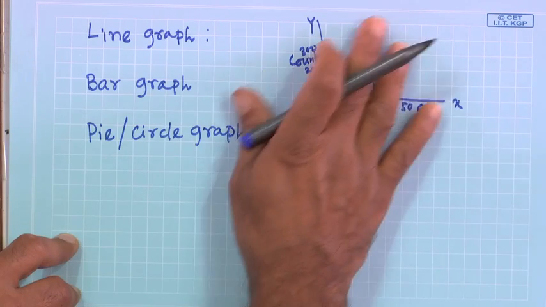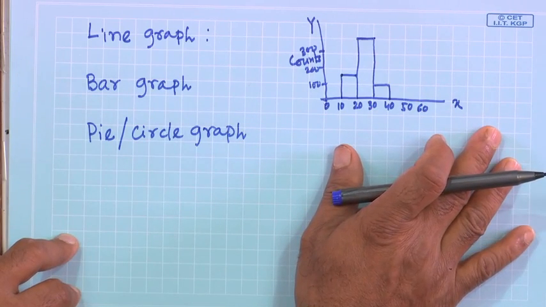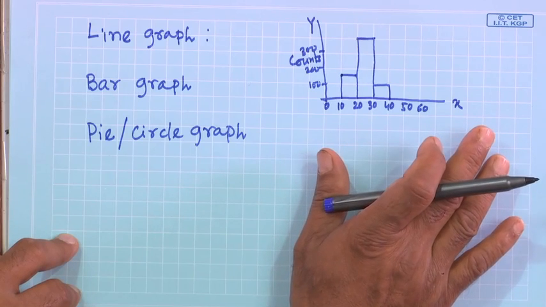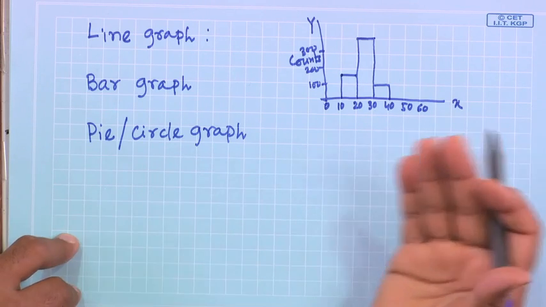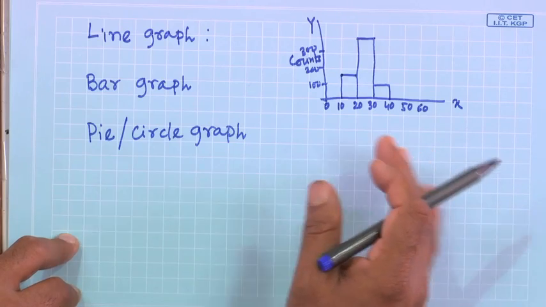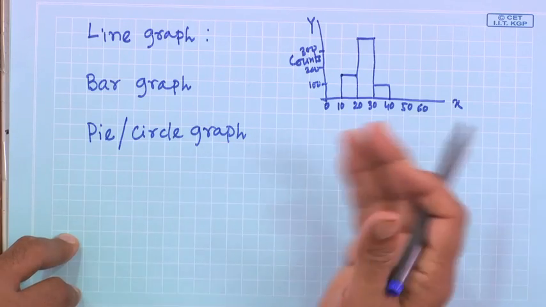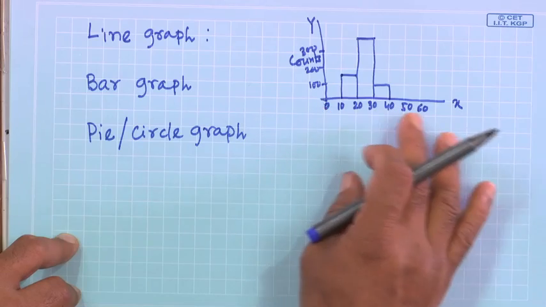So, for comparison it is very easy to represent. There are many examples, such as your family income in different years.